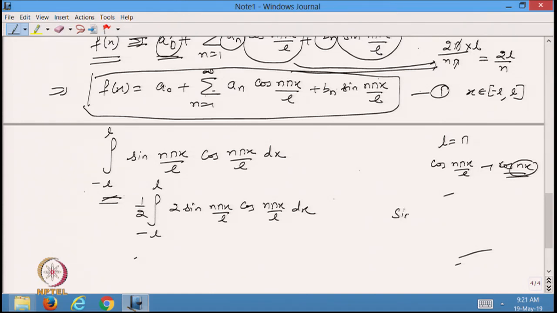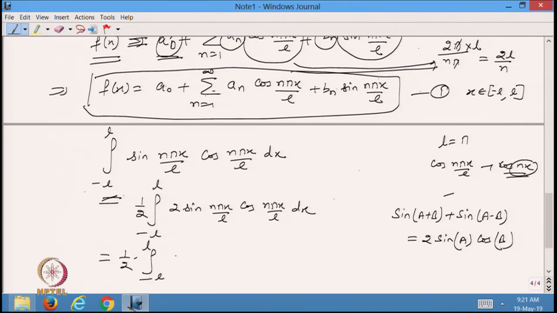I know that sin(a plus b) plus sin(a minus b) is equal to 2 times sin of (a plus b plus a minus b) by 2, that is a, into cos of (a plus b minus a plus b) by 2, that is b. So, from here you can see that this can be written as half, integral from minus L to L, of sine, where this n I just take as m.